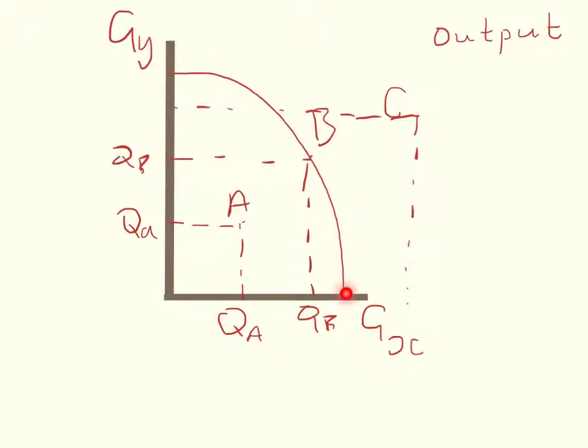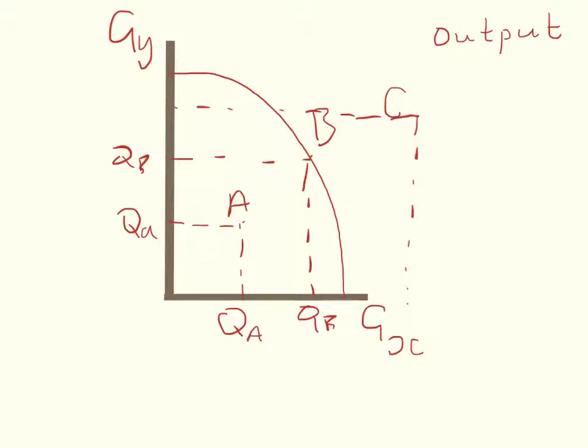If it's beneath the line, we are not realising our potential. If it is outside of the curve, it's impossible, quite frankly. Given the current resources of land, labour and capital, it is impossible to produce this quantity C of goods X and Y. It just cannot be done.